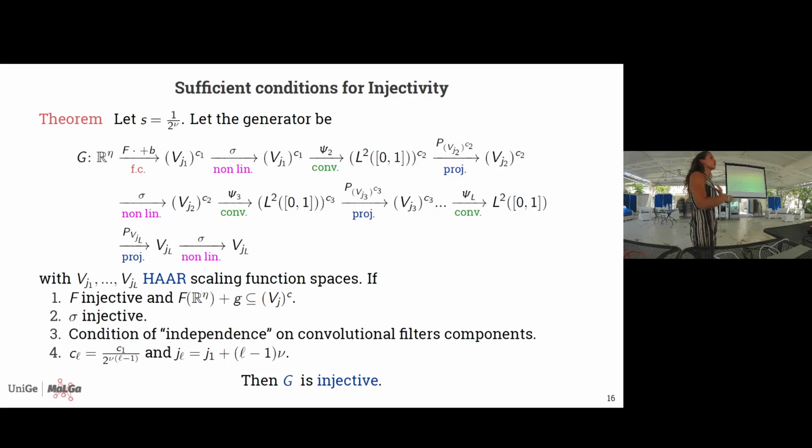As we know, the projection can cause trouble for the injectivity, but we impose conditions so that the convolution composed with the projection is injective for each layer. These conditions are shown in the next slides, and this 4th condition is a technical condition that I don't want to explain. The 3rd condition is the very important condition of the theorem, and is a sort of independence between the filters component of each layer.